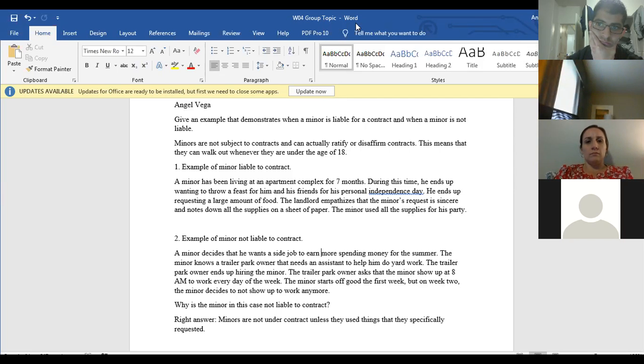I was 17 years old, and I still had to sign a contract. My example of a contract when a minor is not liable would be if a young woman who was 17 at the time of her marriage signed a prenuptial agreement, but she falsified her age, and so her husband believed she was 18. Because she was 17, the contract is not valid, and the woman is not responsible.